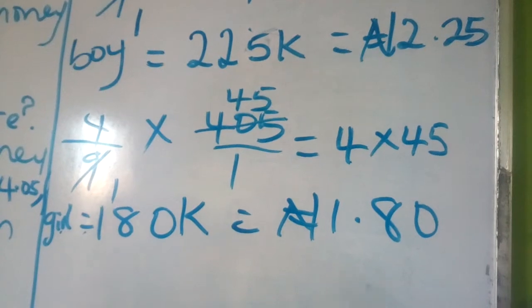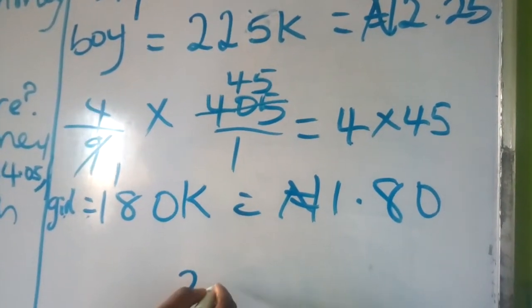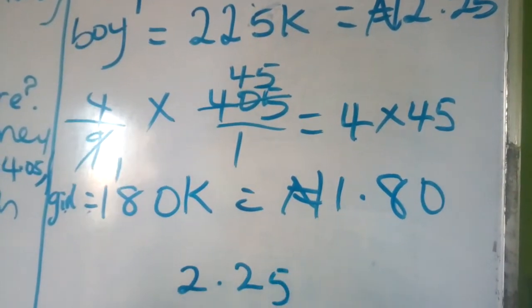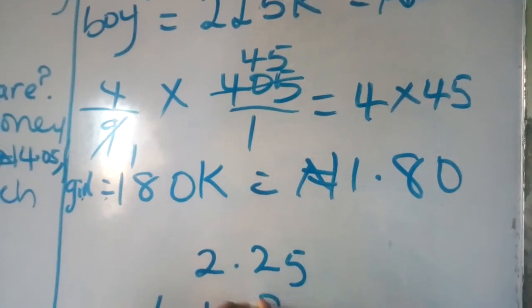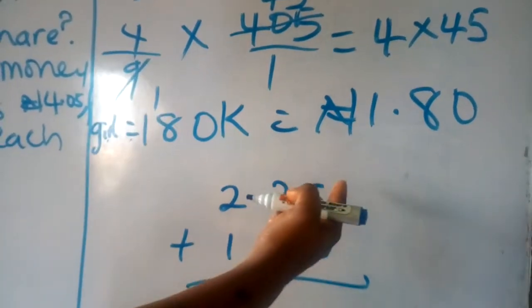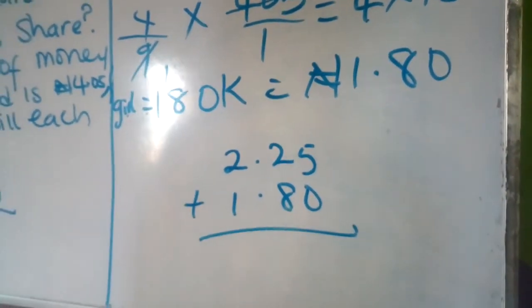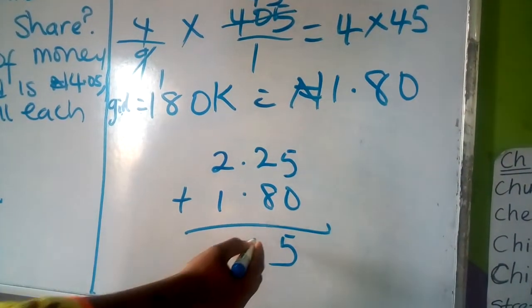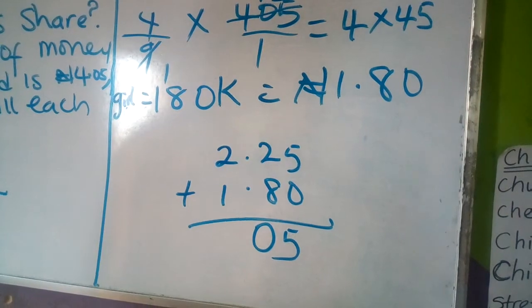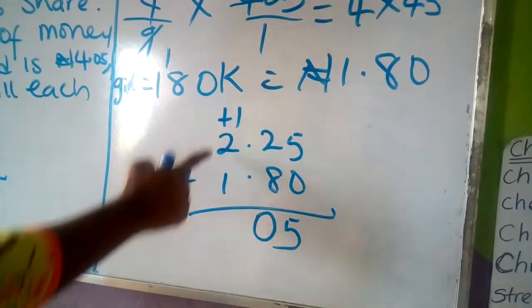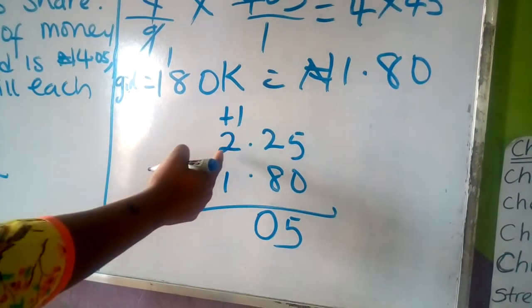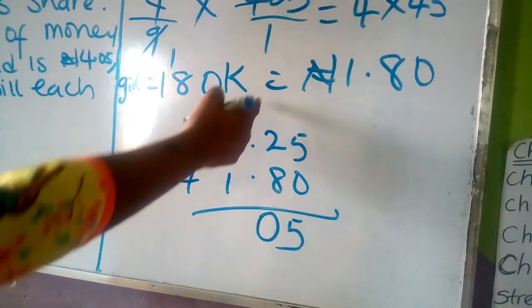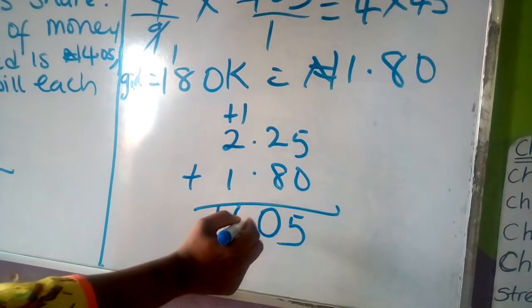Let's add together: 2.25 plus 1.80. Now 5 plus 0 is 5. 2 plus 8 is 10. You put down 0 and you carry 1. Now when you bring this 1 to this place, 2 plus 1 is 3, plus this 1 is equal to 4.